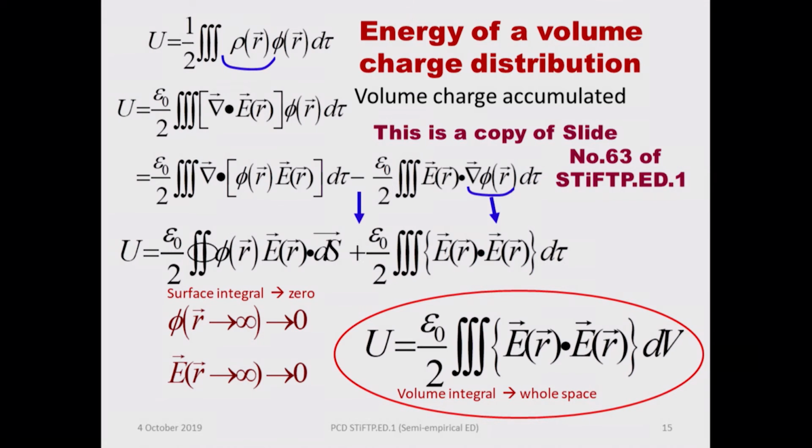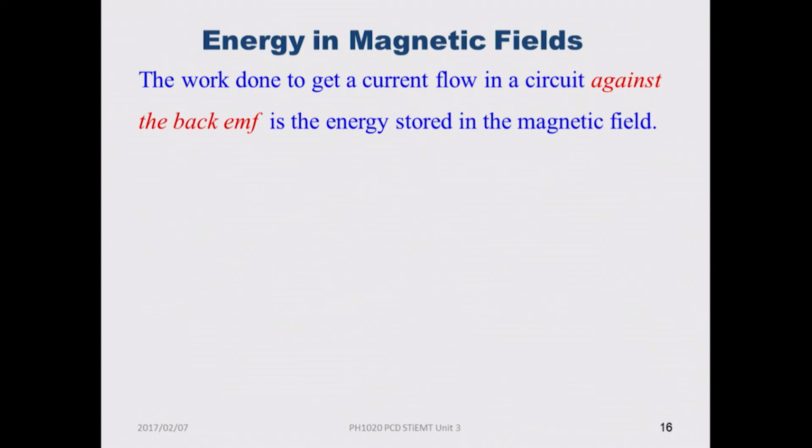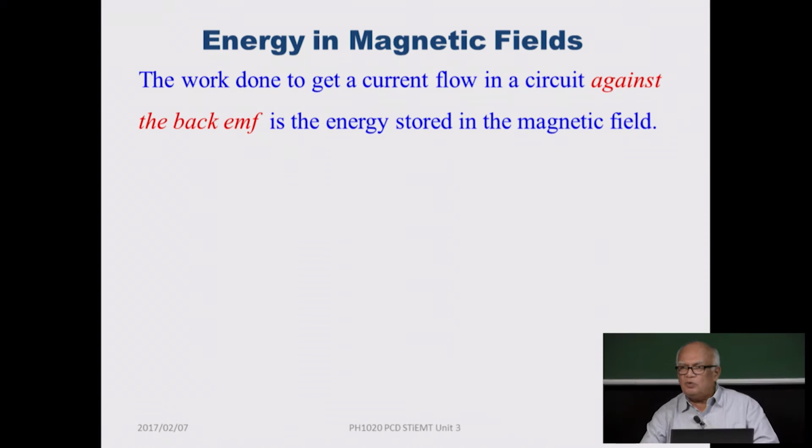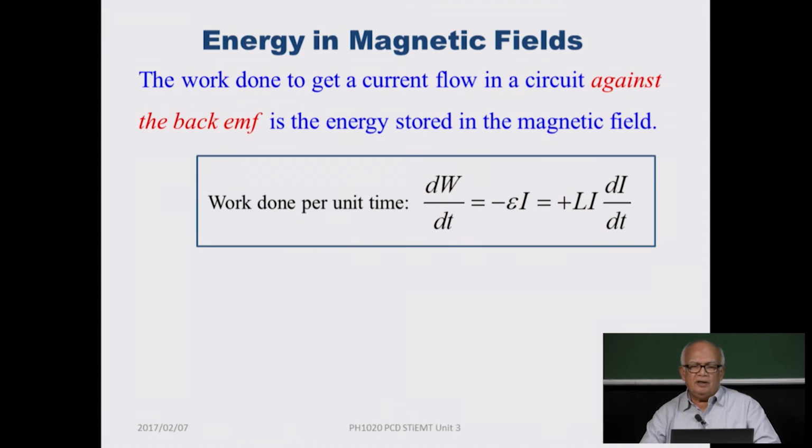Okay? So, there is a similar expression for energy in the magnetic field that you can get using the same kind of analysis, and you can then determine the work done per unit time. In a magnetic field, work has to be done to set up a current, because it has to be done against the back EMF.